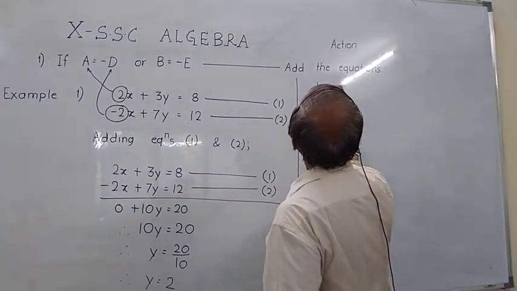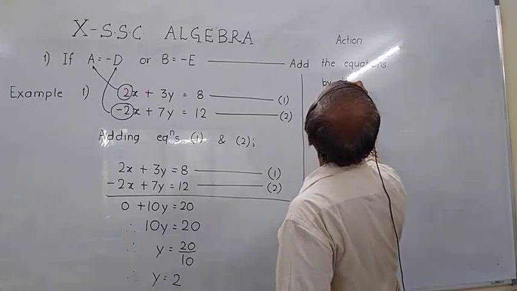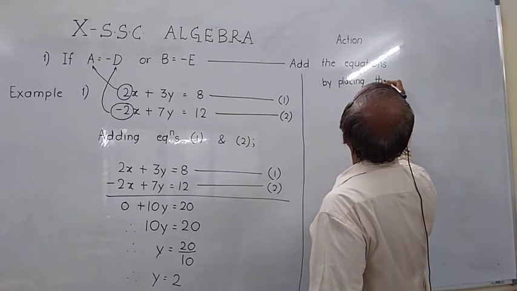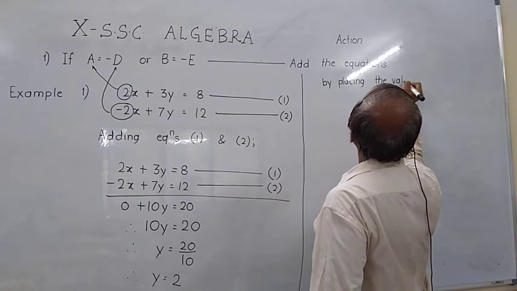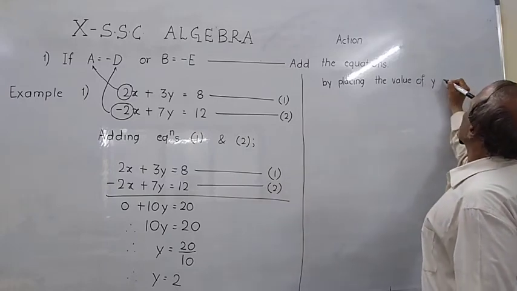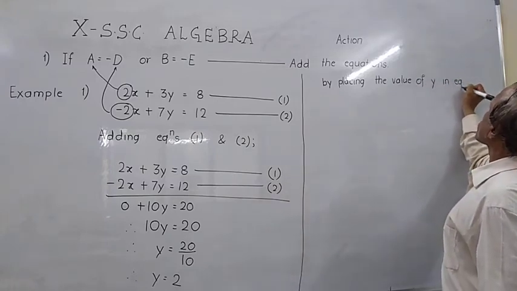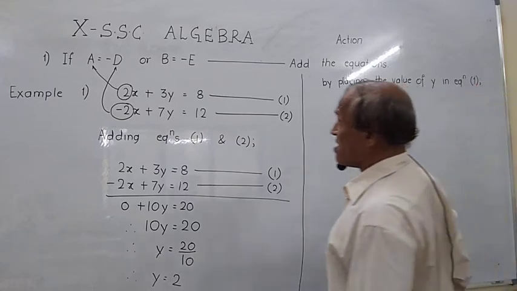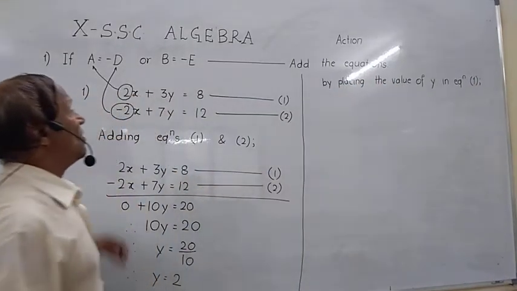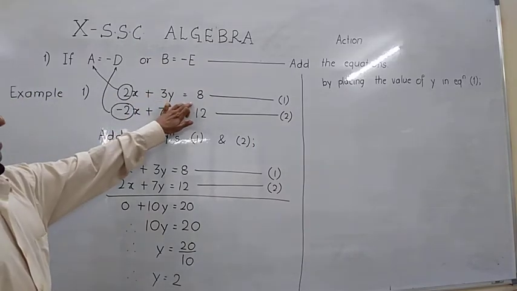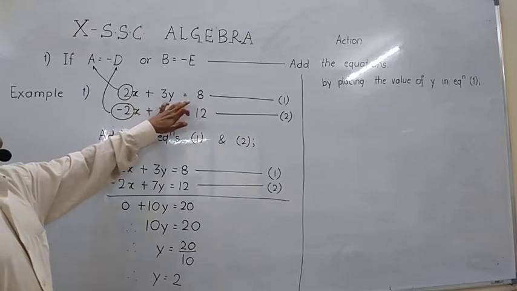By placing the value of y in equation 1. Remember, first of all you have to write the equation 1. Don't forget to write the equation 1. Many people do that, which is not good.